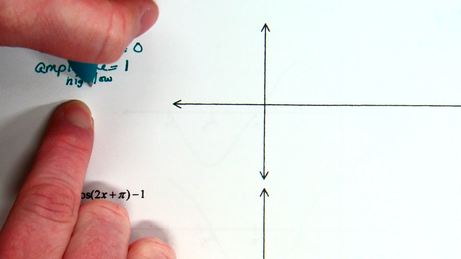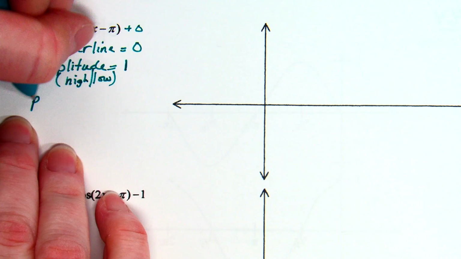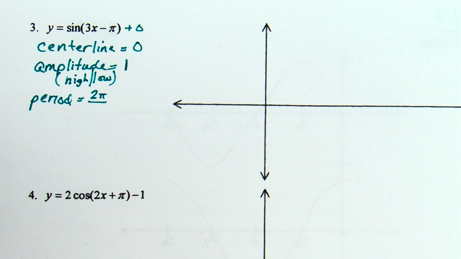Okay. After we talked about amplitude, we usually talked about the period. In order to find the period, it's 2 pi divided by b. Where do we find b? The coefficient of x.